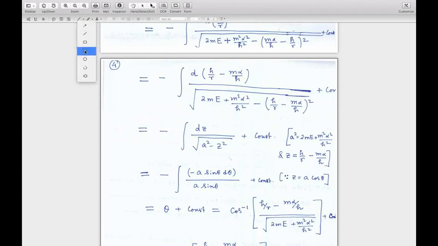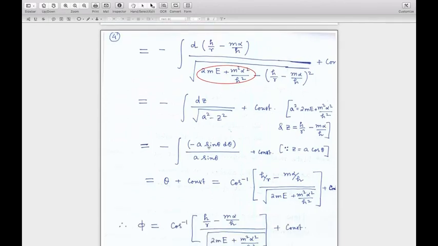And we also define this quantity as a square. We simply write the whole integration as minus the integral of dz by root of a square minus z square plus a constant of integration. And as you know, if you take z equal to a cos theta, it is nothing but theta plus the integration constant.